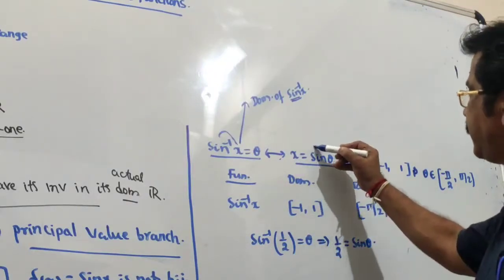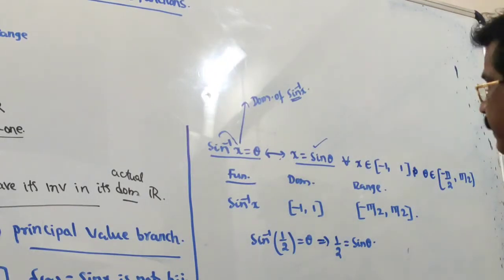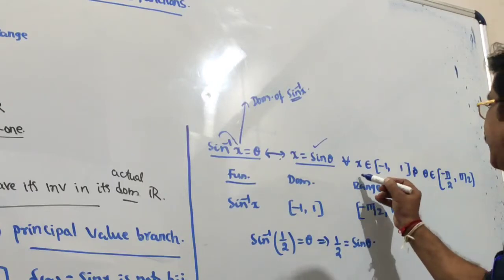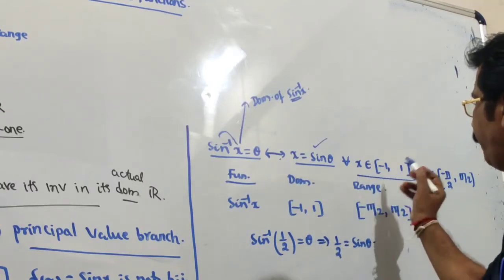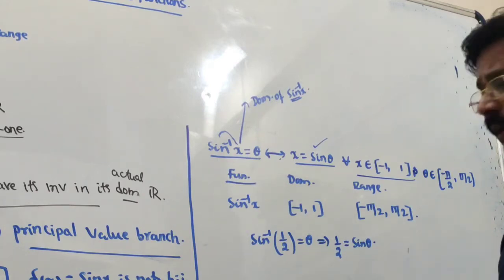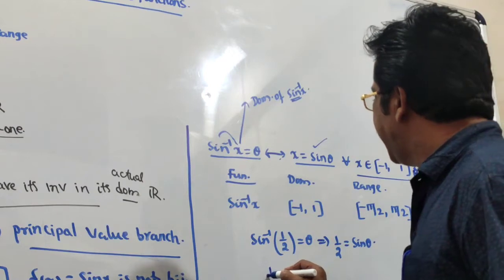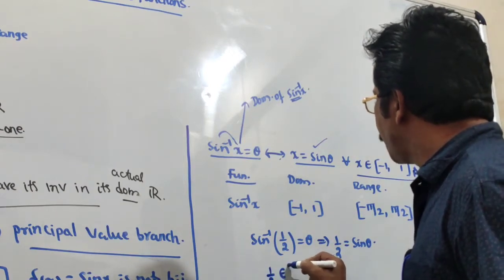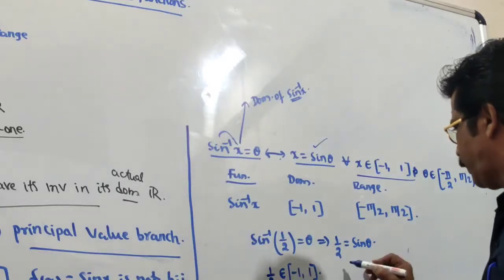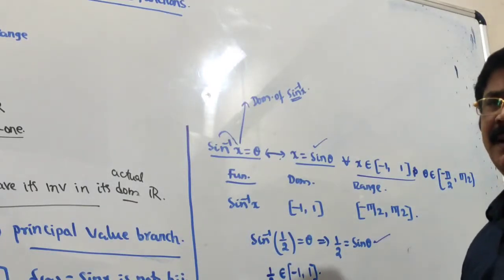Before using this formula, you must verify first whether this x belongs to the closed interval of minus 1 comma plus 1 or not. Here 1 by 2 belongs to the closed interval of minus 1 comma 1. That's why it is correct.